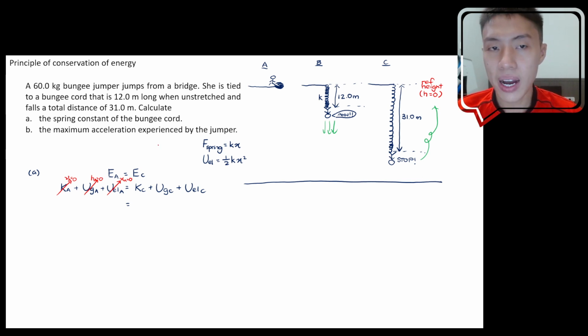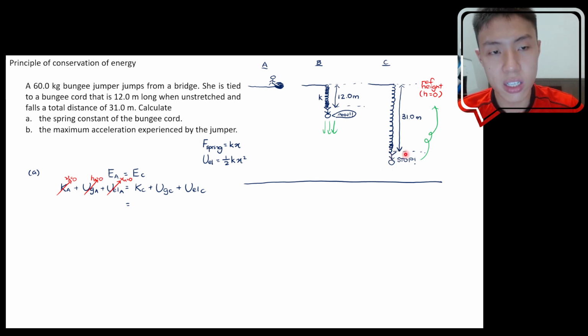Okay, but we know that when you are in situation C, you also momentarily stop, because you are ready to be bounced back in the opposite direction. So you are making a U-turn, changing from moving downward to moving upwards. So there's a change of direction of motion. You have a momentary stop in order to make that U-turn.